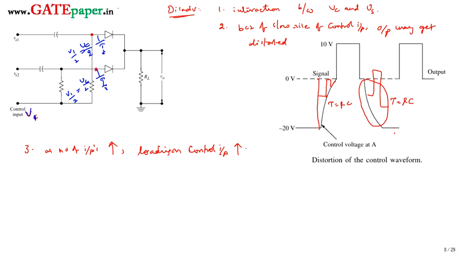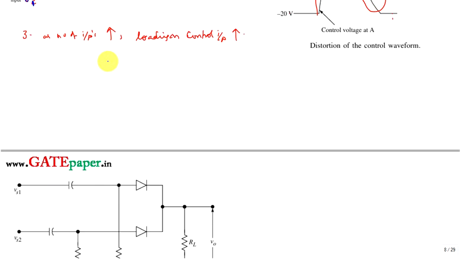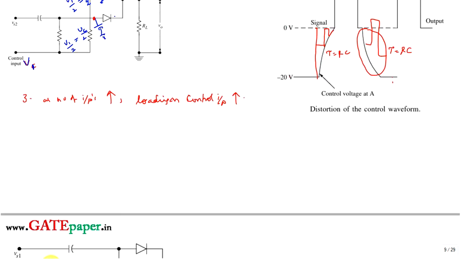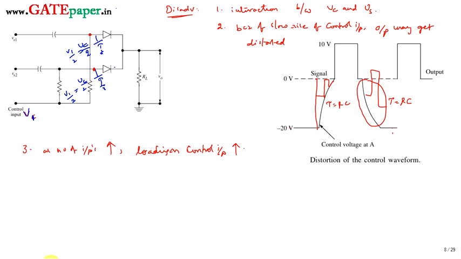So the voltage across the diodes on the P side is reduced, which may not forward bias those corresponding diodes. That is the limitation of this circuit. So we should get a circuit where the control signal is independent of the number of inputs. How to get that, we will see later.